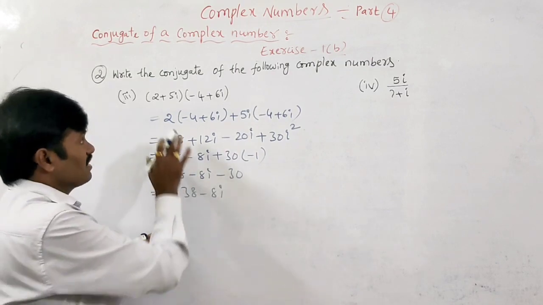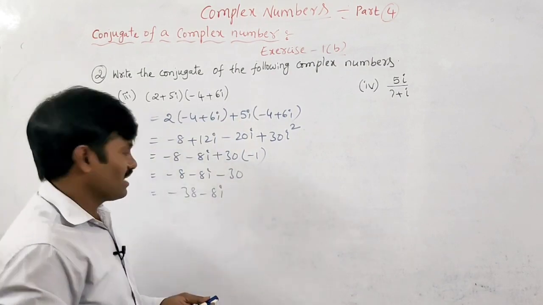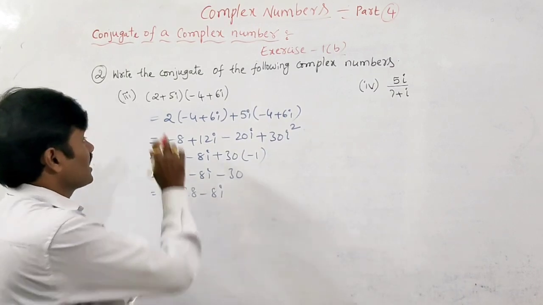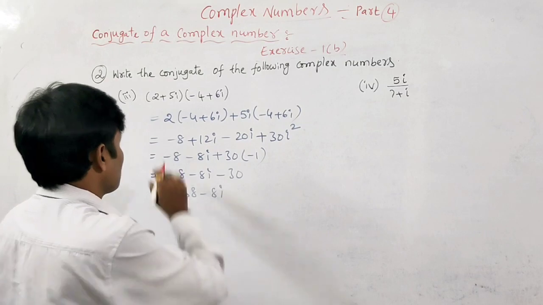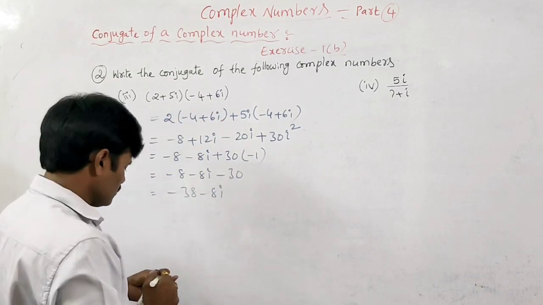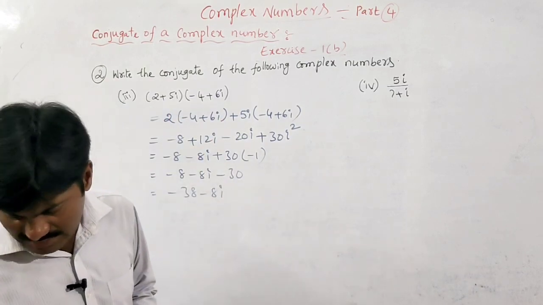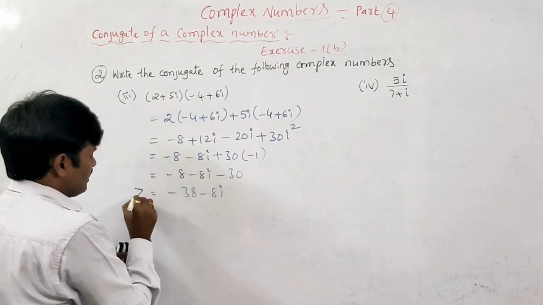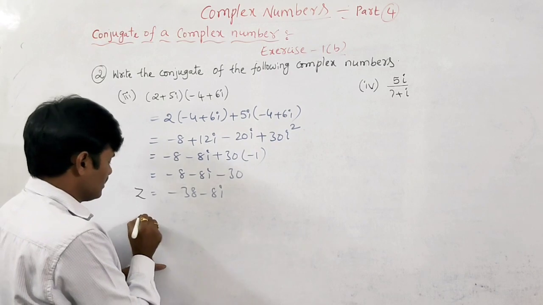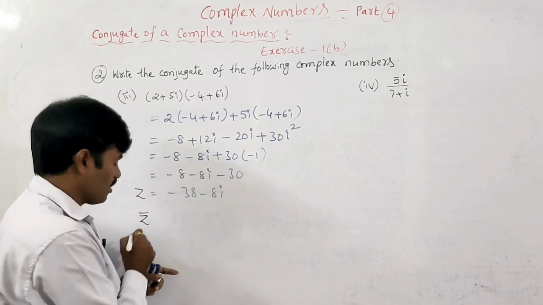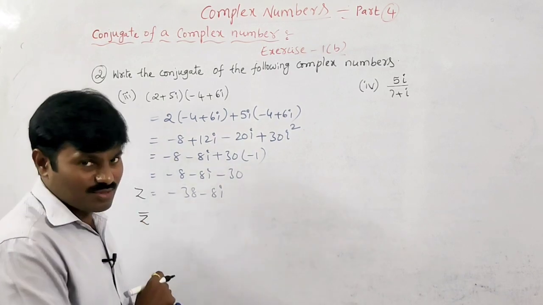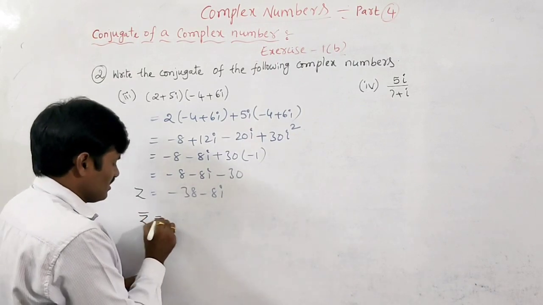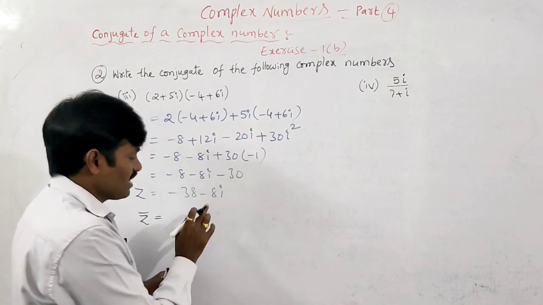Here the product of these two complex numbers is minus 38 minus 8i. But we have to write the conjugate of this complex number. If we assume it as z, then its conjugate is obtained by changing the sign of the imaginary part.